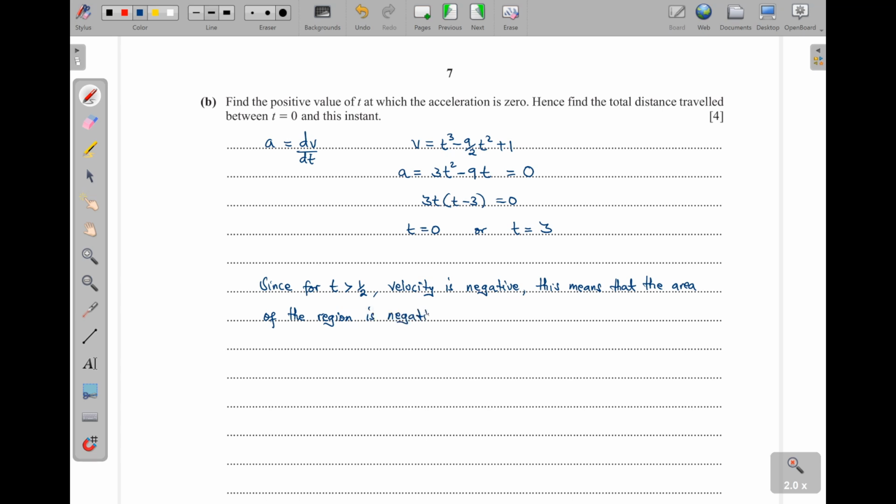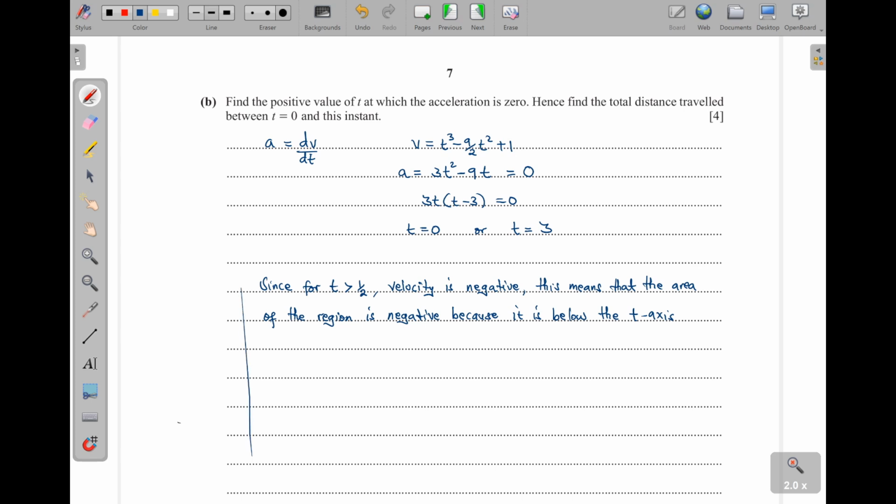Okay, why is it negative? Because it is below the t-axis.